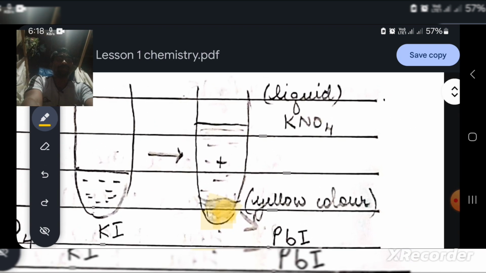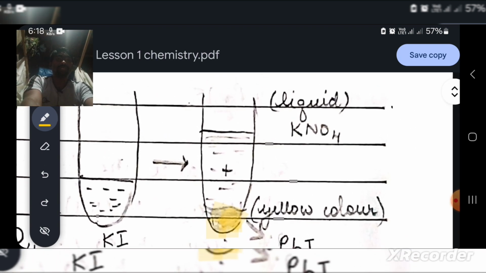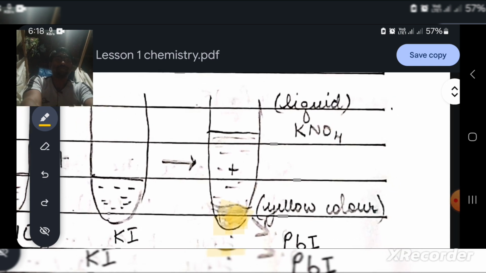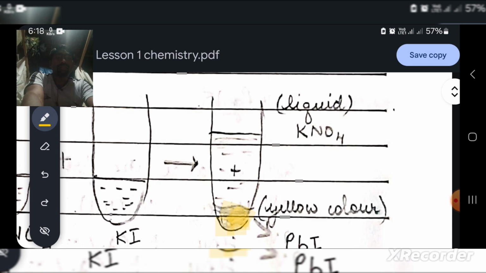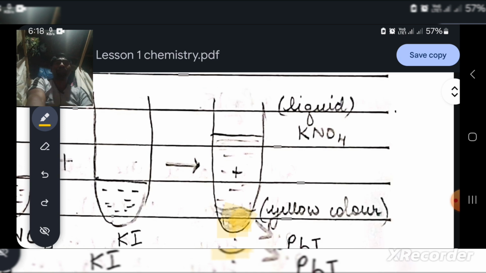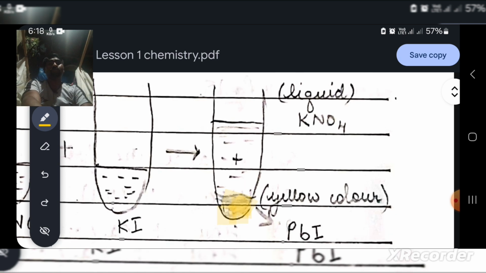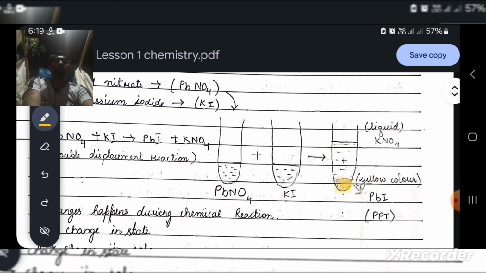And in test tube C, let's look here what is happening. There are two layers. Down is the yellow precipitate, and above there is potassium nitrate. They are liquid. The reactants, test tube A and test tube B, both are liquid and both are colorless.